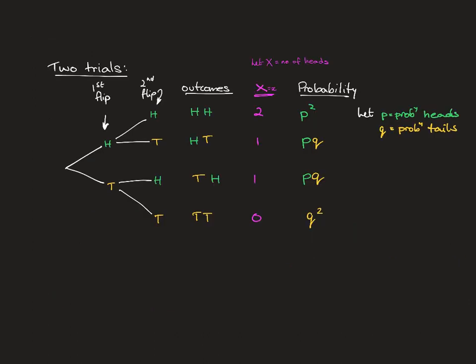To come up with this definition, I'm going to take us through some different numbers of trials, and actually look at the tree diagram and generate some probabilities for our discrete random variable.